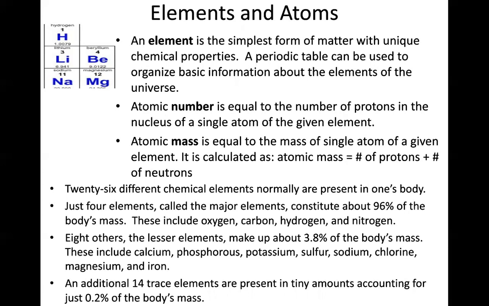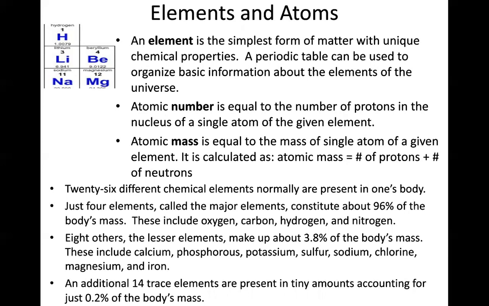So how can you use the bottom number to find out the number of neutrons in an atom of beryllium? You know the top number is protons, the bottom number is protons plus neutrons. So if I asked you how many neutrons are in beryllium, you would take the bottom number and do what? Subtract the top number. So how many neutrons are in beryllium?